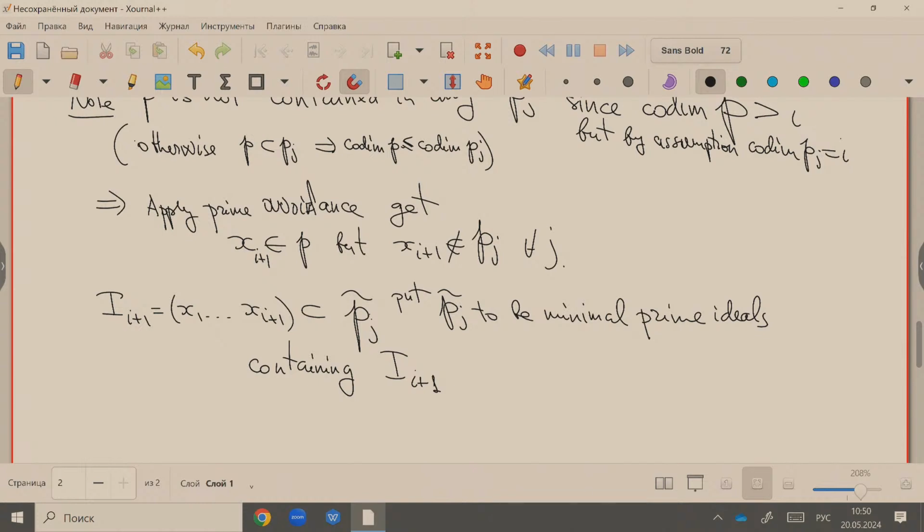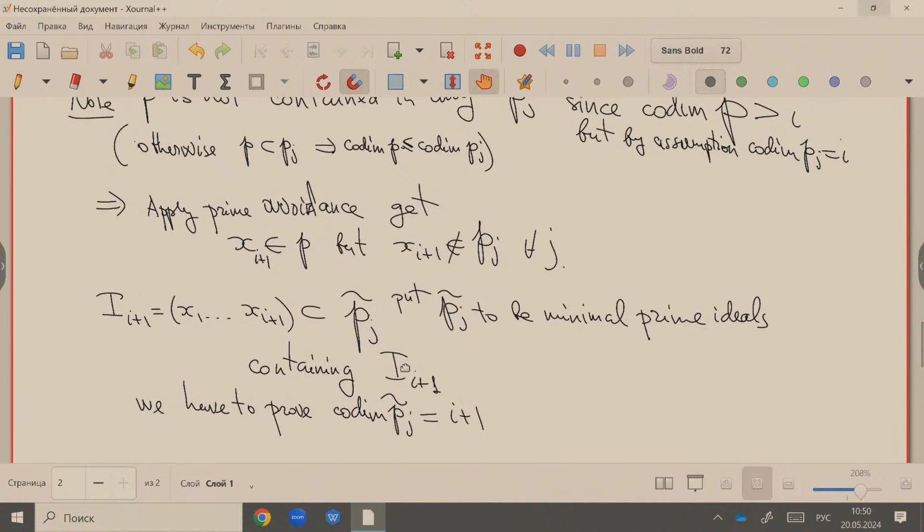And we have to prove that the codimension of Pj tilde is precisely equal to I plus 1.